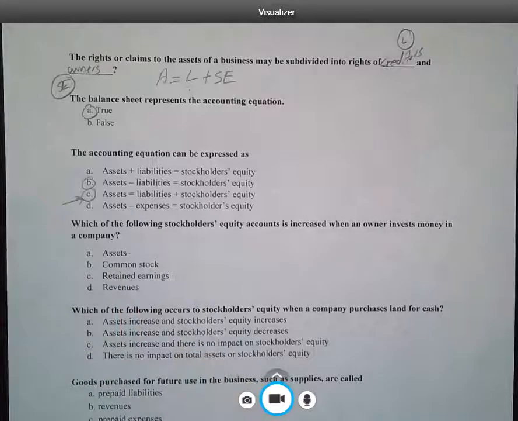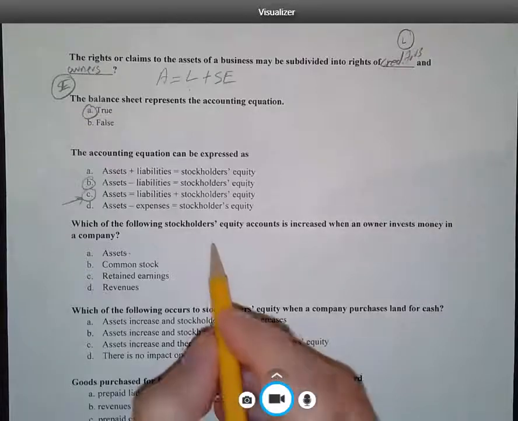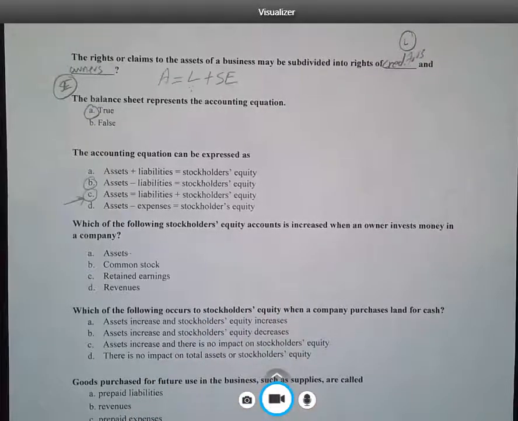Next question says, which of the following stockholders' equity accounts is increased when an owner invests money in a company? There are actually two accounts here that are increased when an owner invests money. Stockholders' equity is found on the balance sheet, is it not?